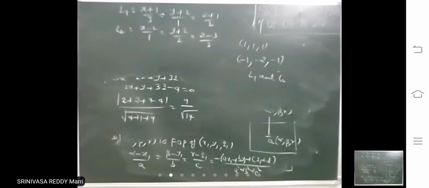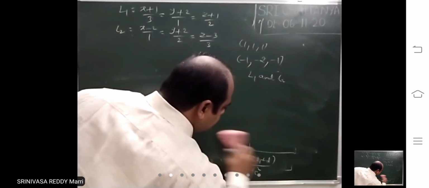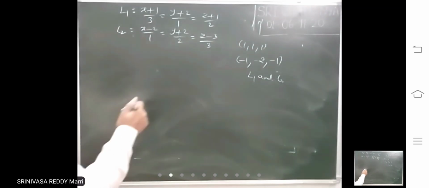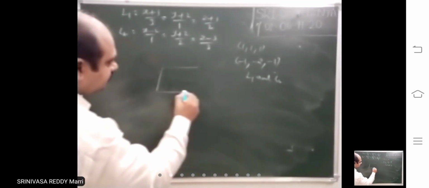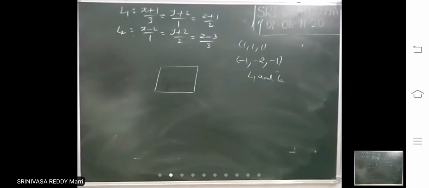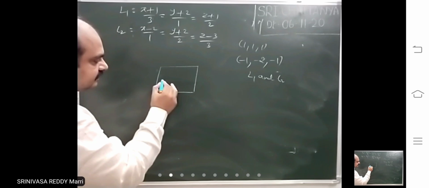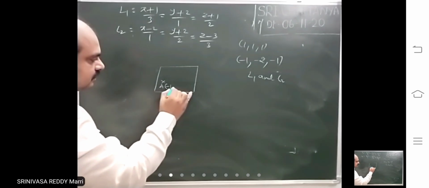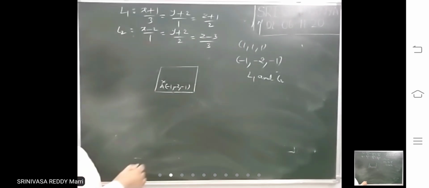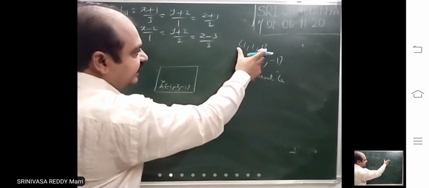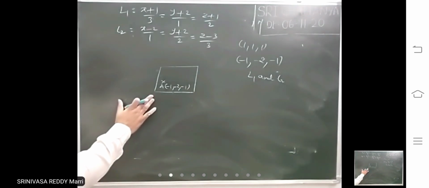Look at the problem. A plane is there like this, passing through a point. After finding the equation, we will find the perpendicular distance. First, we have to find the equation of the plane.